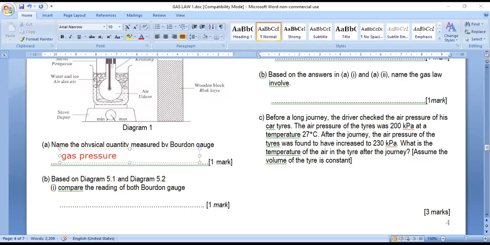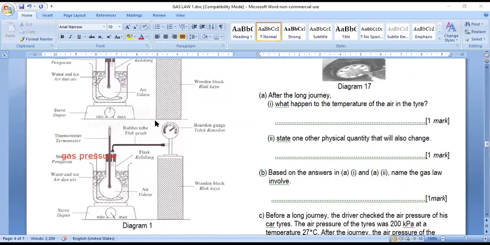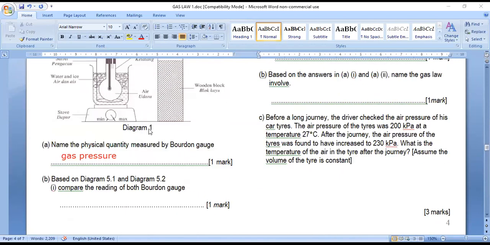Now, based on 5.1 and 5.2, compare the reading of the Bourdon gauge. Diagram 5.2 is greater than diagram 5.1.